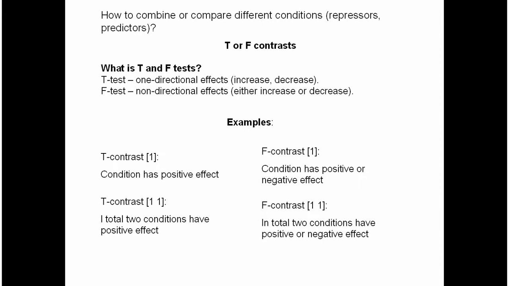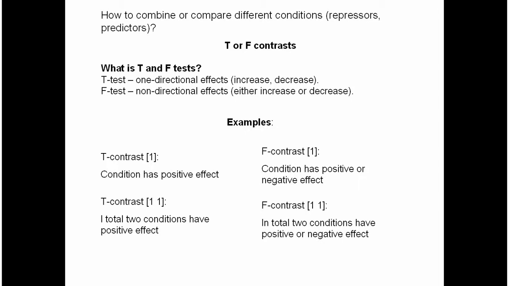We just know that there is a difference, some difference. In this way, F-test is more sensitive, but much less specific. And the interpretation of the statistical outcome for T and F-test will be different.